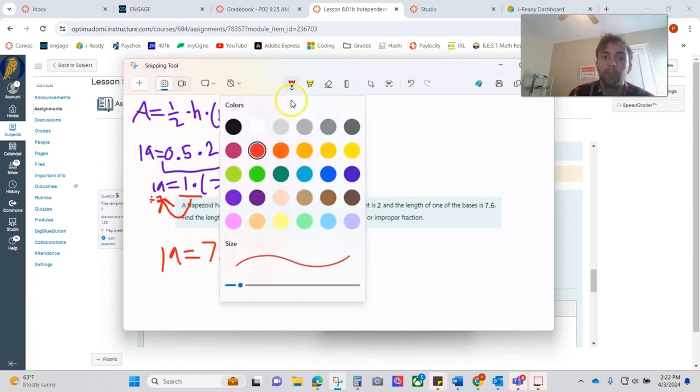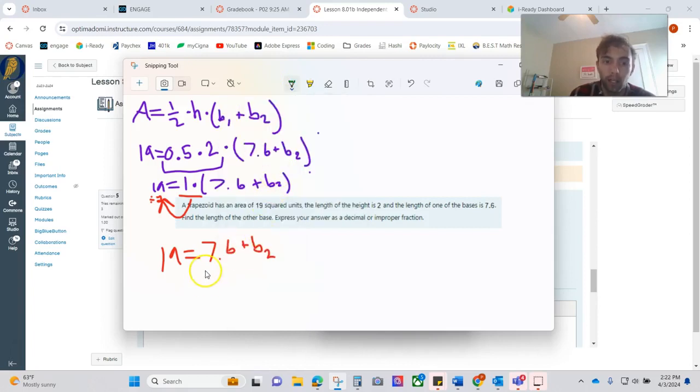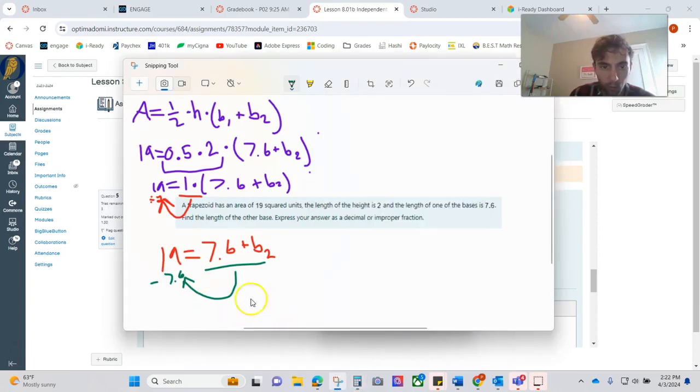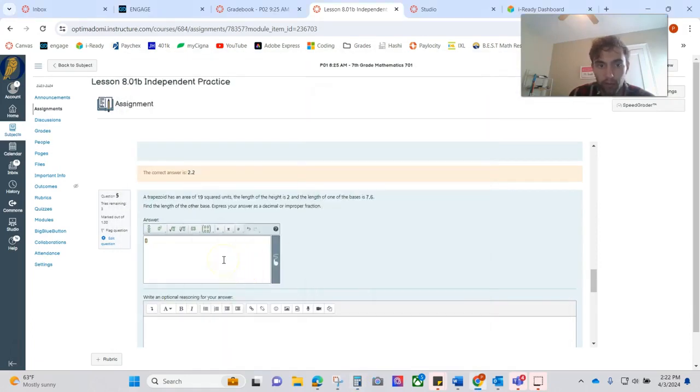Now let's do opposite math to the opposite side. What is the opposite of adding 7.6? Yep, subtracting 7.6. 19 minus 7.6 is 11.4. That is the length of our other base. 11.4.